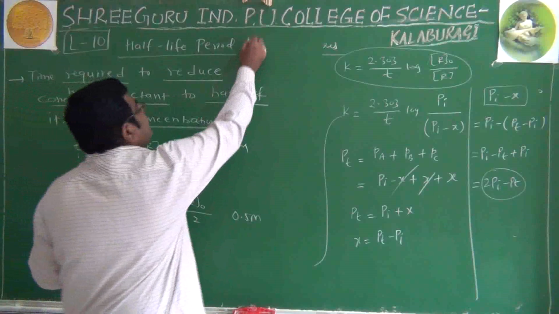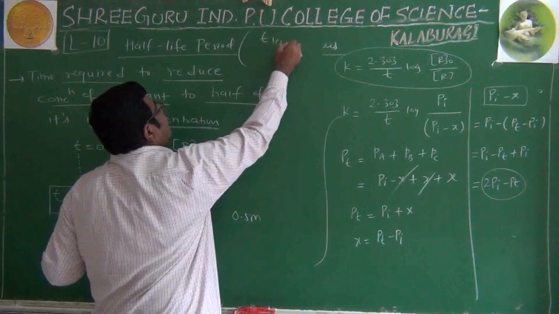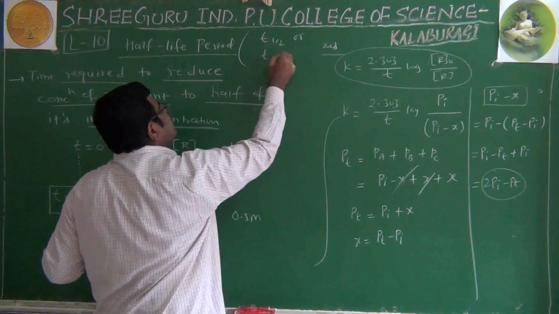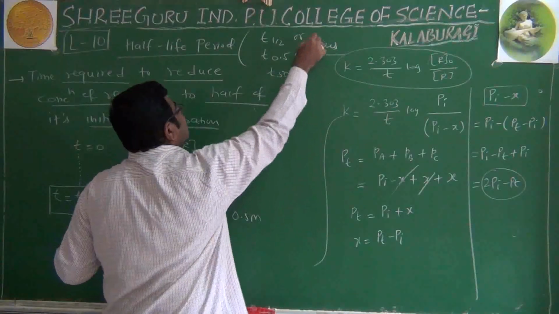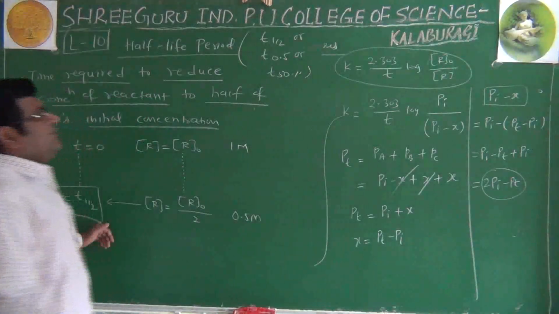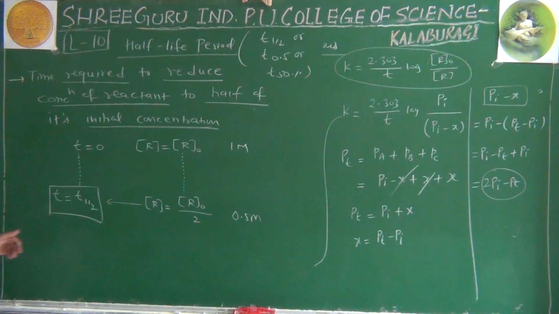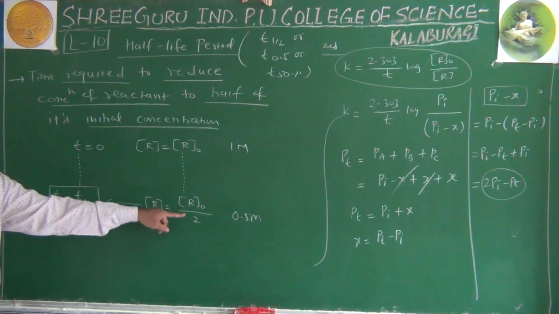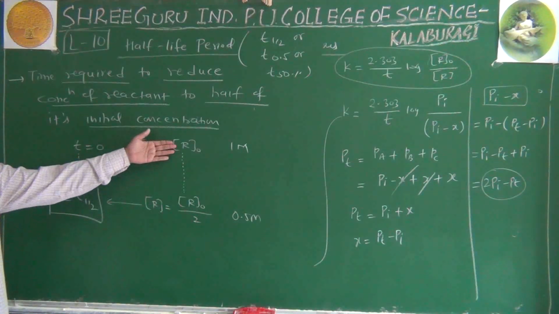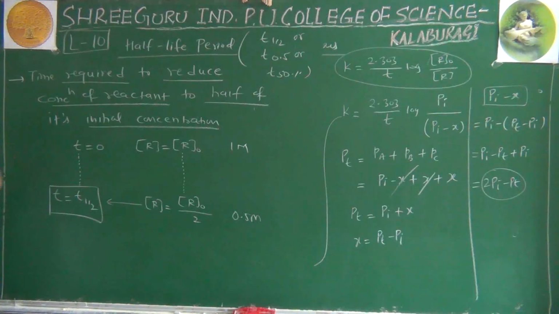We write half-life period as t half, or t 0.5, or t 50%. These are the ways in which it is expressed. So it is the time required to reduce the concentration of the reactant to half of its initial value. That is called the half-life period of the reaction.